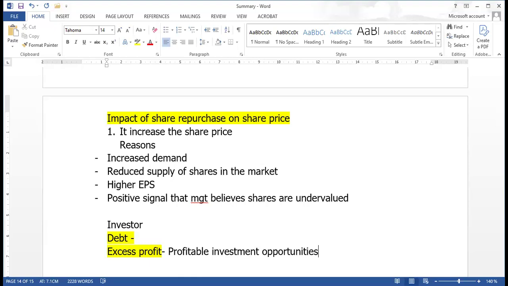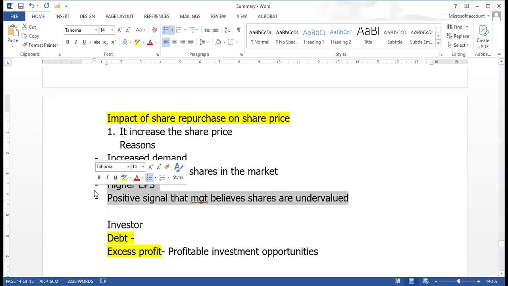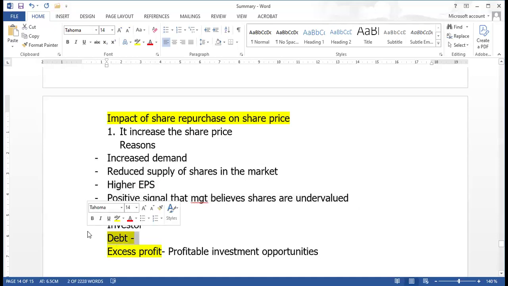So at times you may think it is a positive signal because you believe shares are undervalued, but at the same time, this image may be perceived in a different way. If you're using debt, it means that this entity is highly geared.